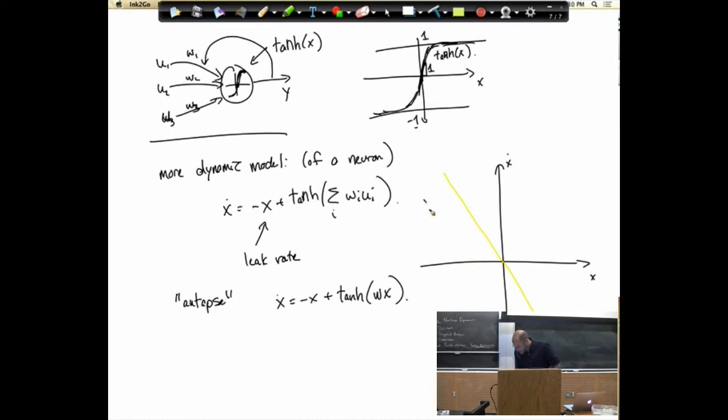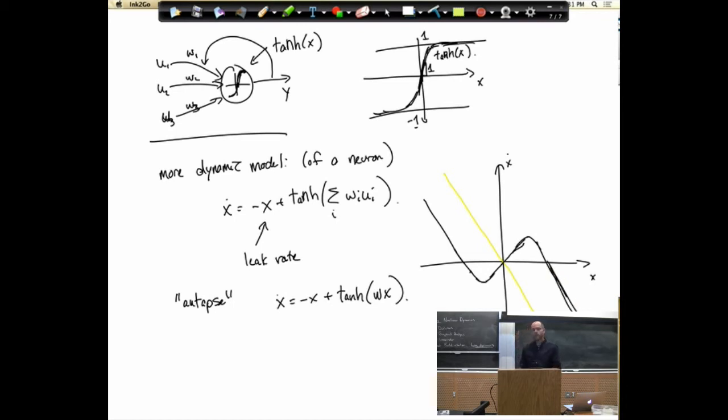Let me draw it a couple different ways. First, as W gets bigger, that's going to compress this picture. It's going to make it a steeper sigmoid, right? So it's going to get more shallow or more steep, depending on how I modulate W. So if I make W really steep, then I'll get a plot that looks like this, right?